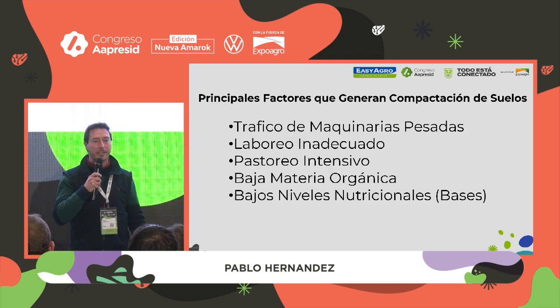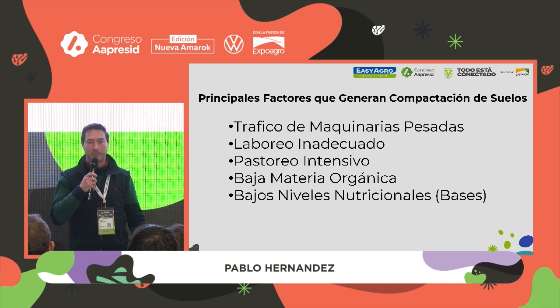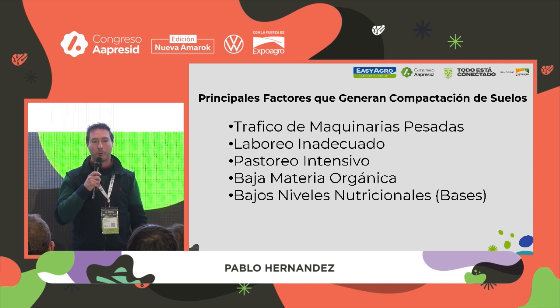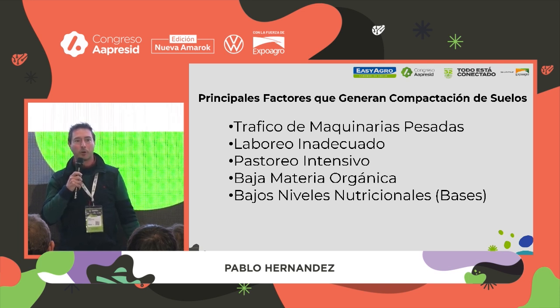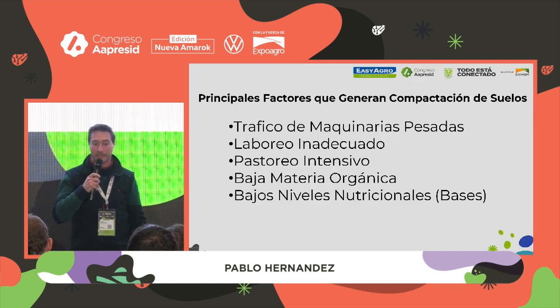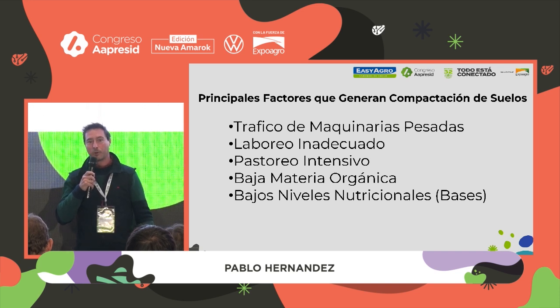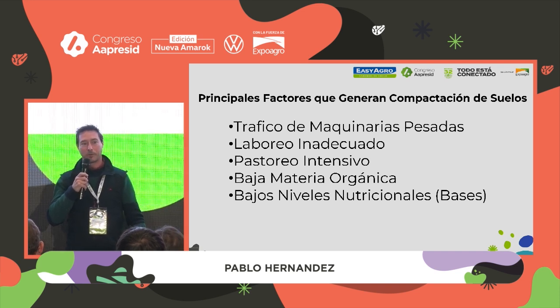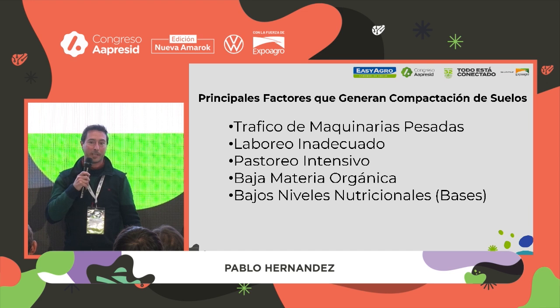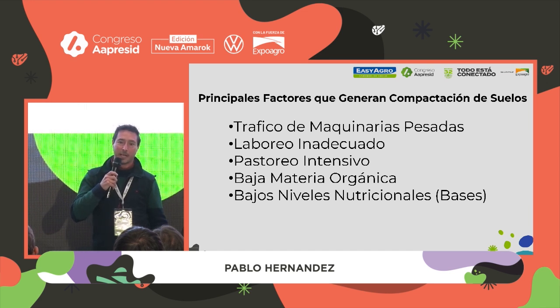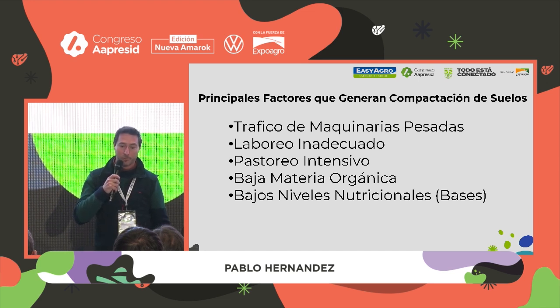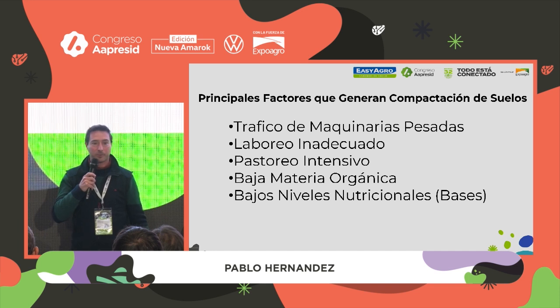The main factors that we see that can affect compaction always have to do with management and the intervention of men on the countryside: the traffic of machinery, repeated trafficking with heavy machinery that augments the compaction, inadequate tilling.